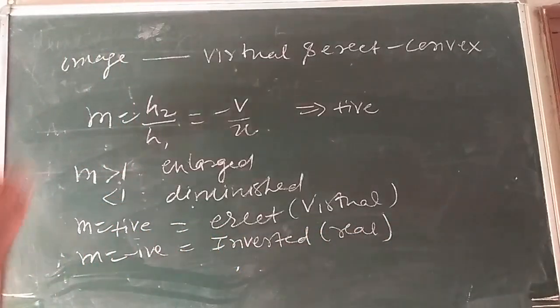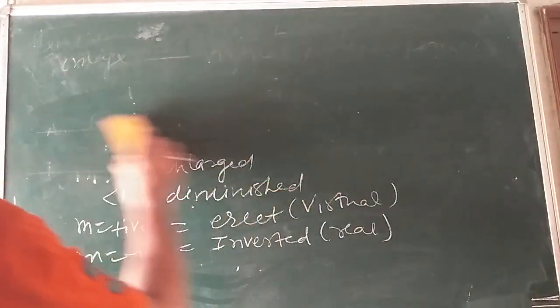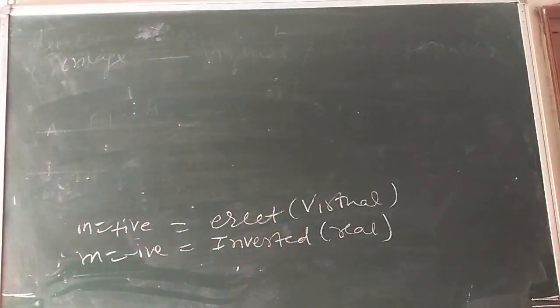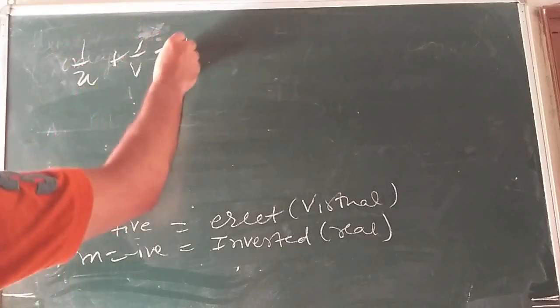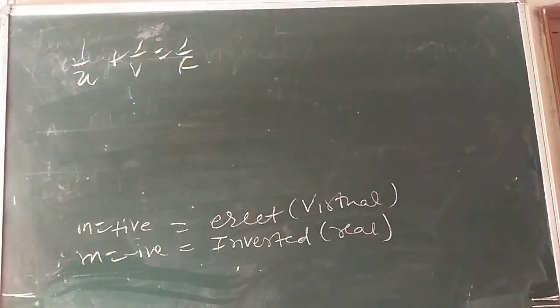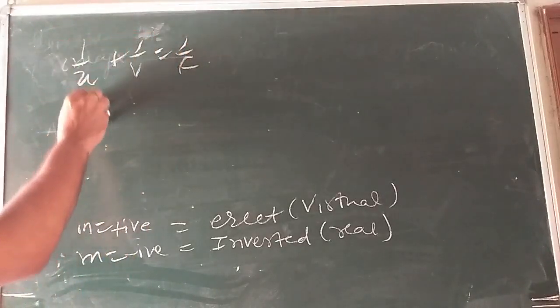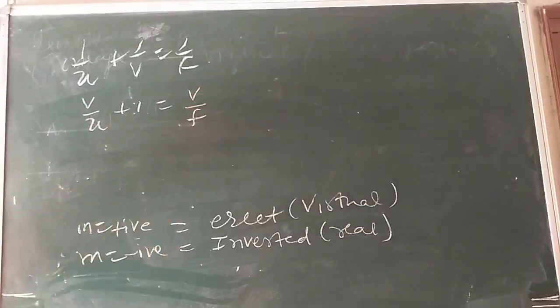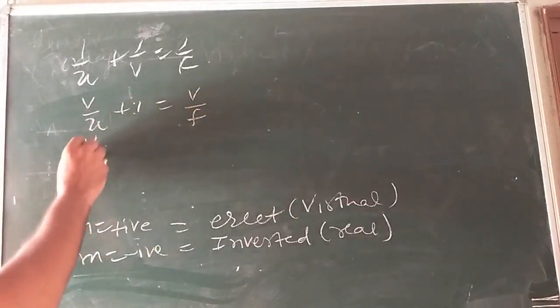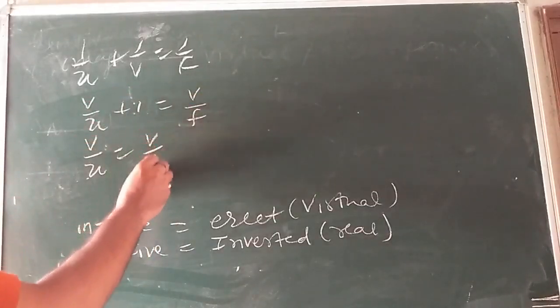So dear children, in the first case, if I take here our mirror formula 1 by u plus 1 by v is equal to 1 by f. Divided by v, so v by u plus 1 is equal to v by f. So v by u comes out to be v by f minus 1.